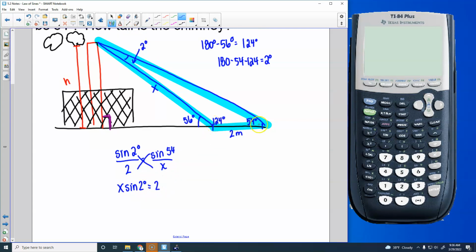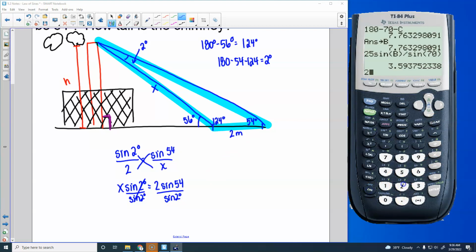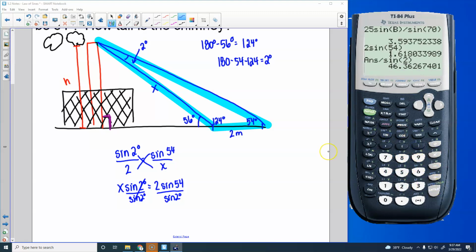I had 2 angles in my triangle, so I don't have to worry about it. So 2 sine 54 divided by sine of 2 is going to give us 46.363.